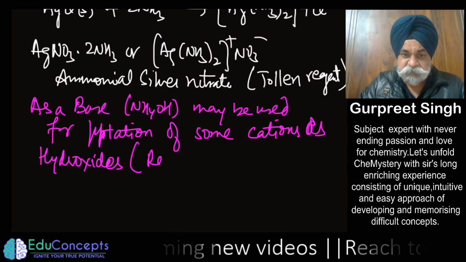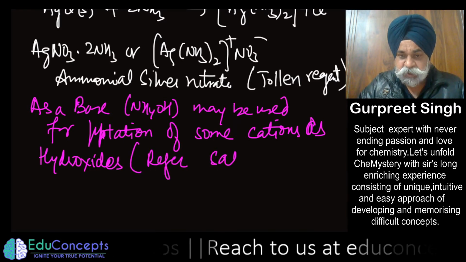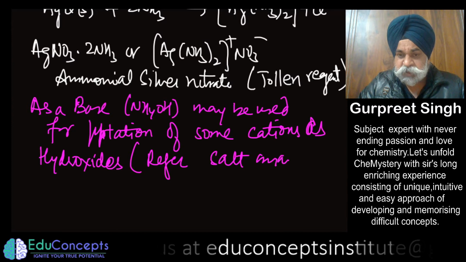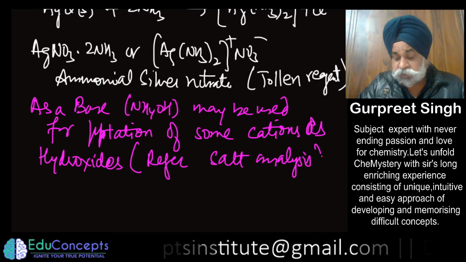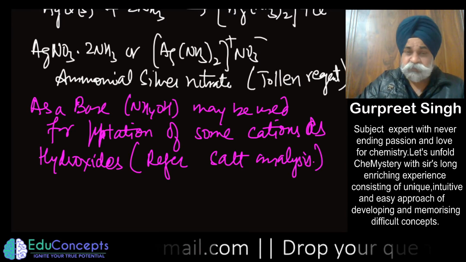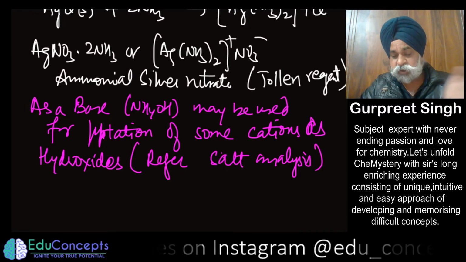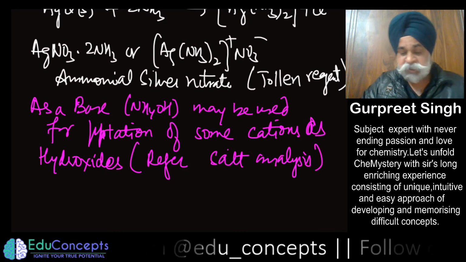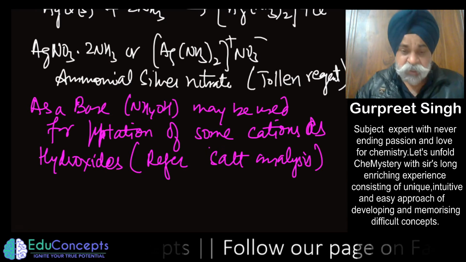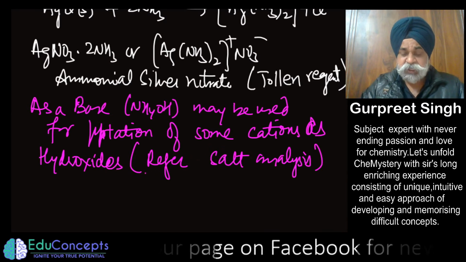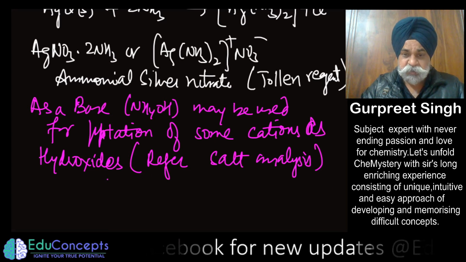And for this, refer to salt analysis. In the topic of salt analysis, group 2, group 3, group 4 and group 5, in all of that ammonium hydroxide is being used, but not all of them are precipitated. Group 3 is, I think, precipitated as hydroxide, others like group 4 as carbonates and so on.